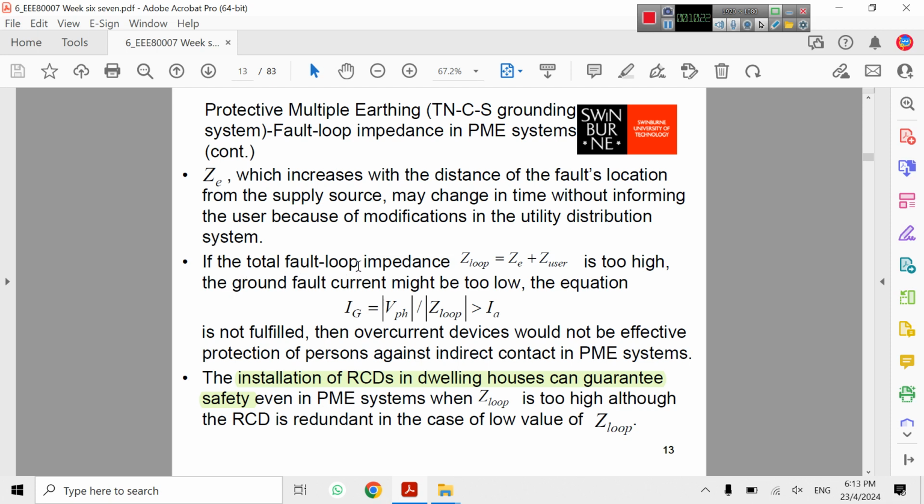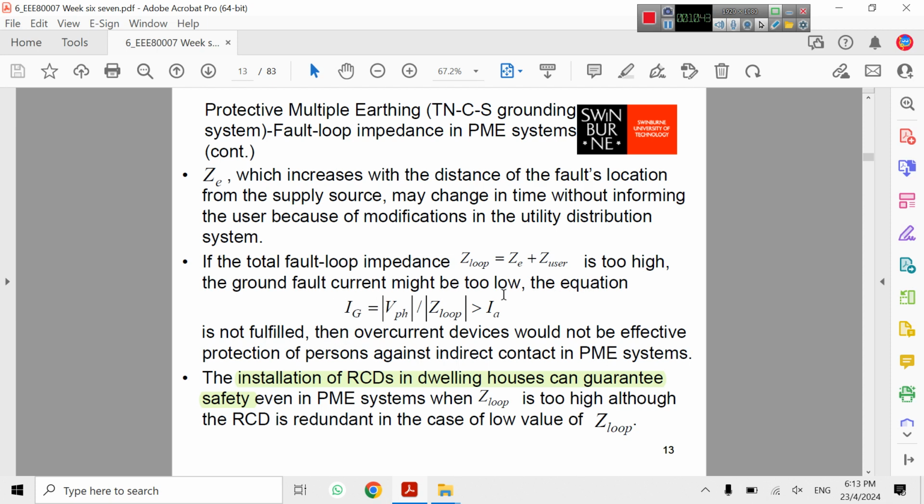If the total fault loop impedance, which is equal to ZE plus Z users, is too high, the ground fault current might be too low, so the equation IG = V phase over Z loop is not fulfilled.